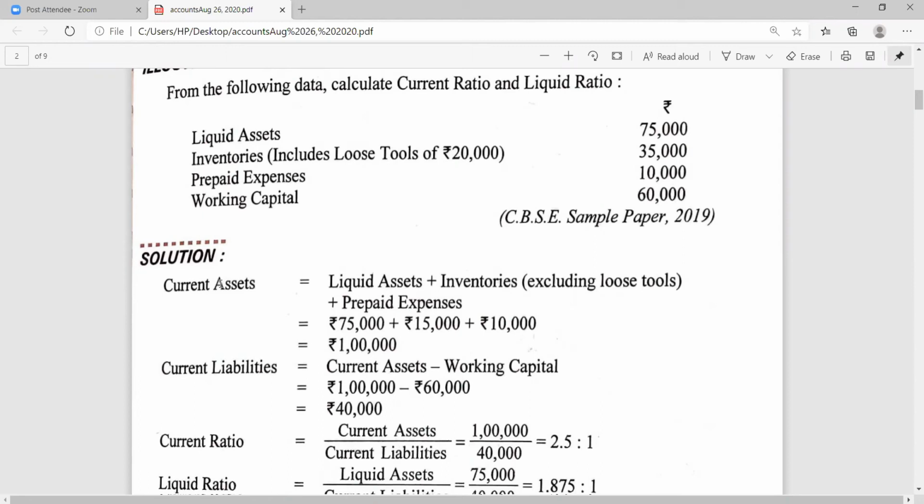current assets minus inventory minus prepaid expense gives us the liquid assets.